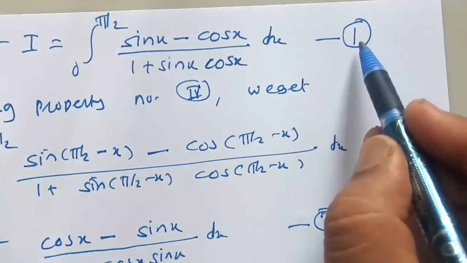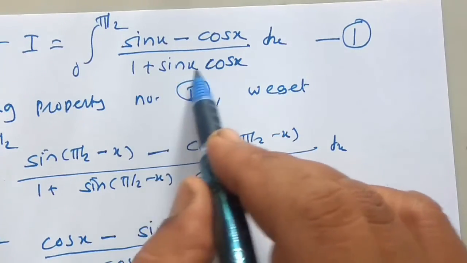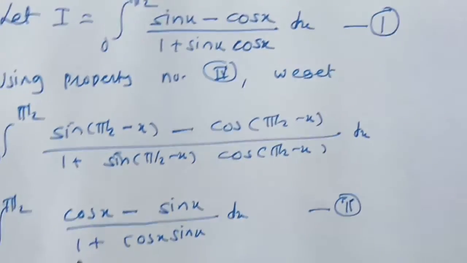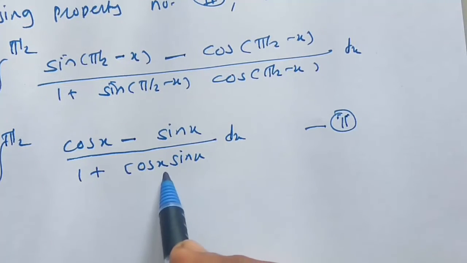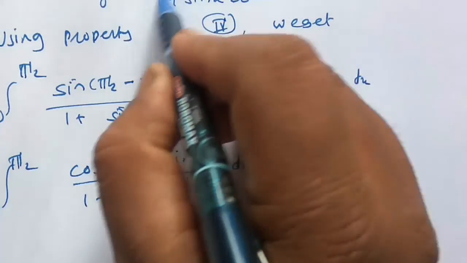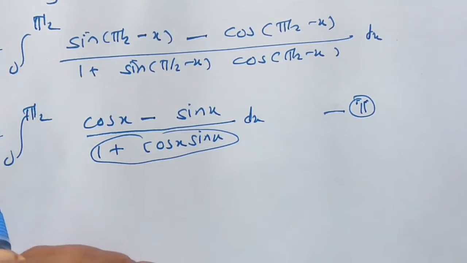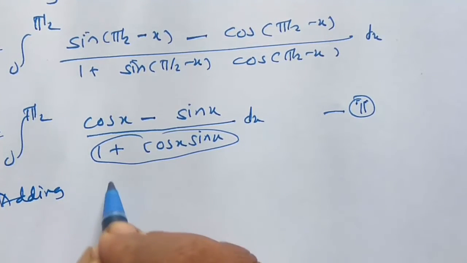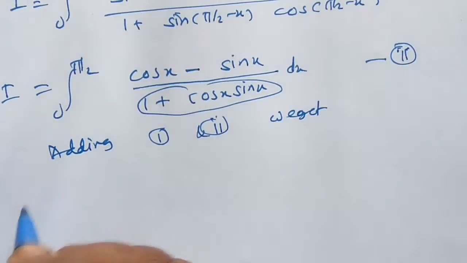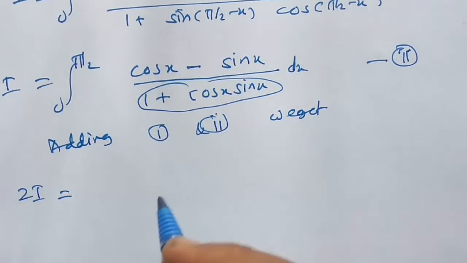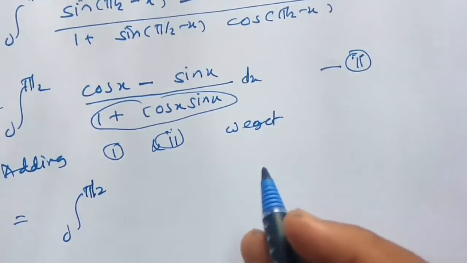Now equation 1 is the integral from 0 to pi by 2 of (sin x minus cos x) upon (1 plus sin x cos x), and equation number 2 is the integral from 0 to pi by 2 of (cos x minus sin x) upon (1 plus cos x sin x). So the denominators in both the equations are the same, and therefore adding 1 and 2 we get I plus I, which becomes twice I, and therefore this is equal to the integral from 0 to pi by 2, limits are the same.